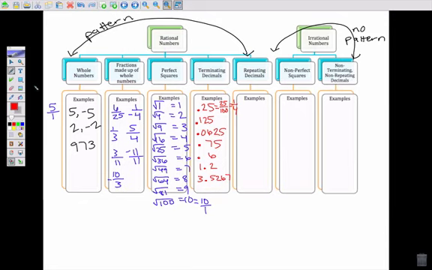Okay, so the next one would be repeating decimals. These have a pattern to them. That's the key on repeating decimals. So if we have 0.3 that keeps going, 0.33333 that never stops, one way to write that is with a little bar over the top. You've seen that before, or maybe a dot, dot, dot to show that it continues.